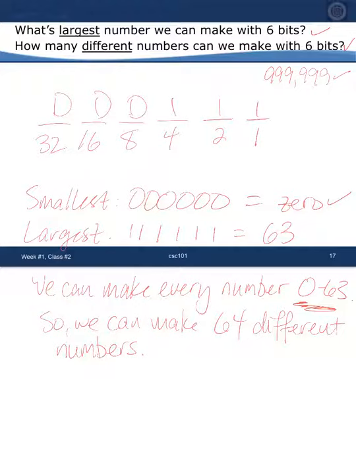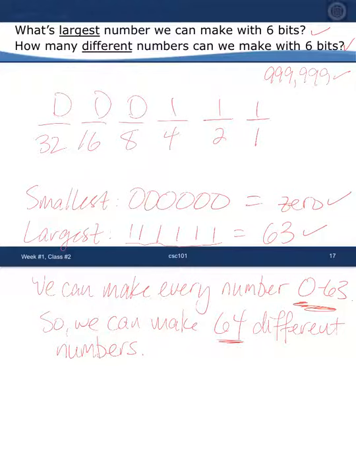Now you might notice something, and I'll say it while we're all here and together. 64. I'll let you in on a secret: I didn't add up these numbers to get 63. You could have said, what's 1 plus 2 plus 4 plus 8 plus 16 plus 32 in order to figure out how much 111111 is. But actually, I used my brain a little bit and said, I should be able to make all of the numbers up to the next place value.